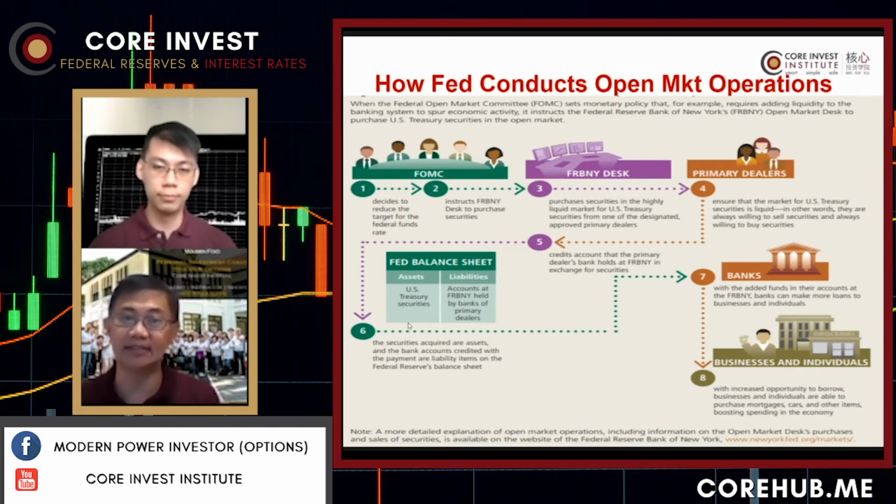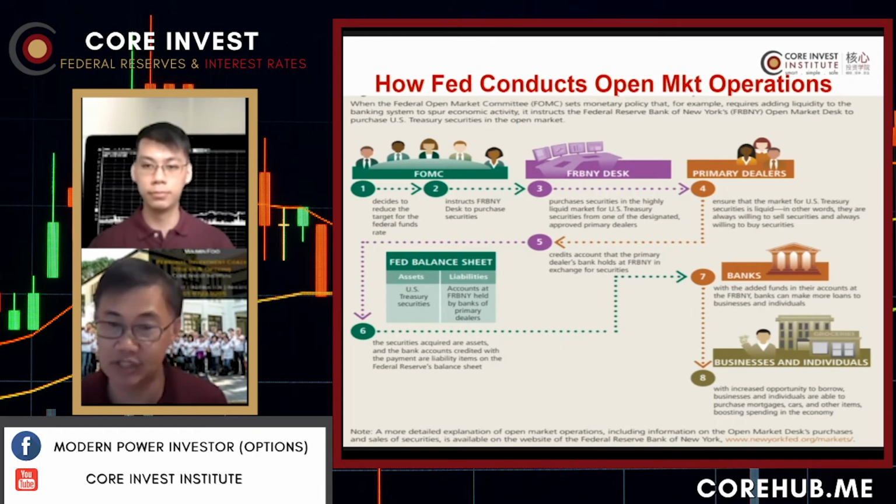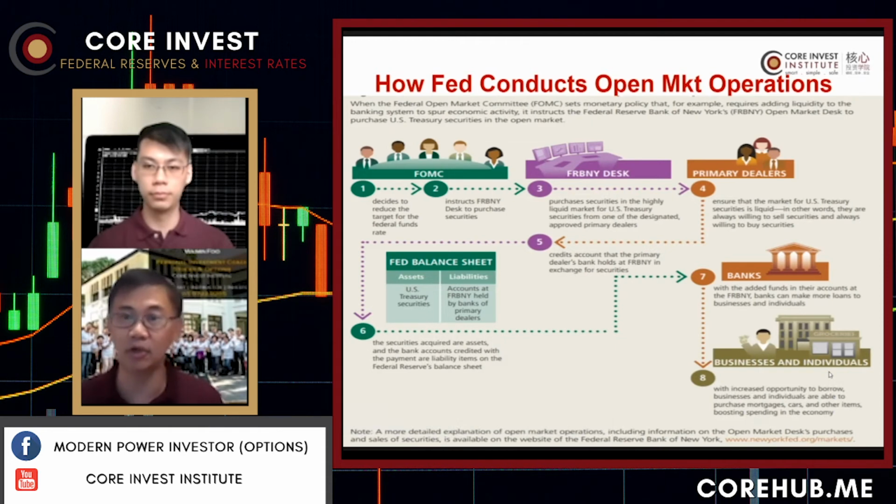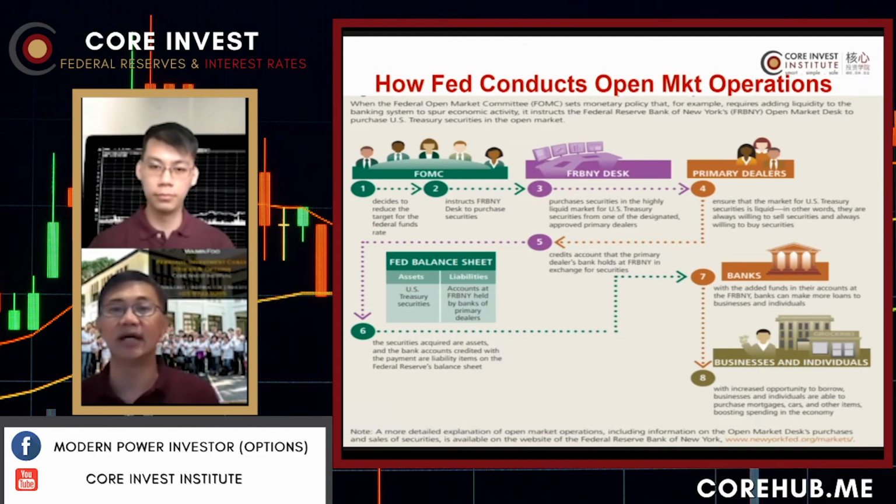And with that, assets are accumulated, liabilities are there, but in return, the banks would have money received from the federal government because of the sale of those treasury securities. And with the money available, it is now providing money to businesses and individuals so that they can have more mortgage loans, more car loans, boosting spending and the economy.